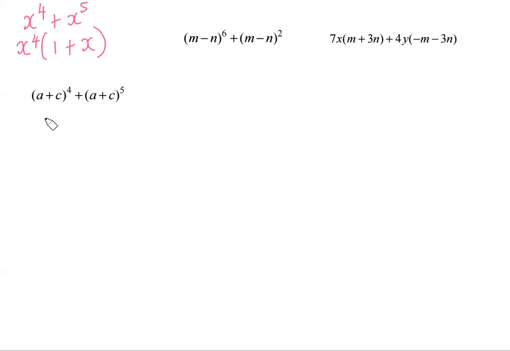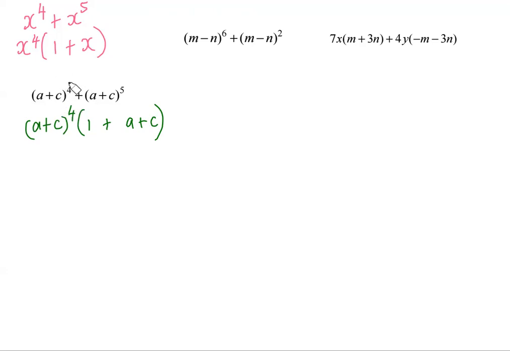So this is the same that we need to do here. We're going to say a plus c to the power of 4 is the smallest one. Then we're left with 1 plus a plus c. That's what we'll be left with. So here is what we have.